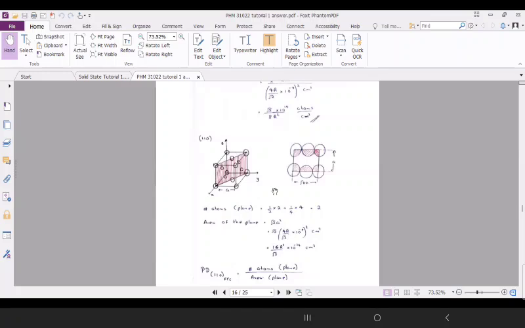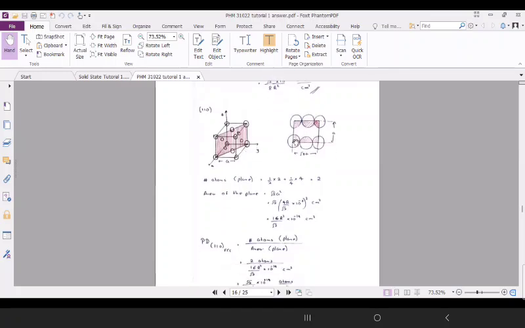Then we will move to the 110. Okay, let me explain about the 110. See, again, you know about the plane. Already we did it for the other example. In this case, only the edge atoms are influencing this calculation, because in this particular plane we are talking about the face center.